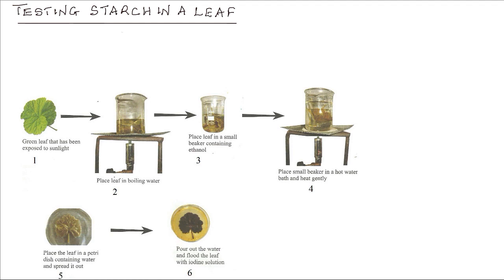So we destarch, and destarching involves placing the plant, conveniently a potted plant, in darkness for a period between 36 to 48 hours.